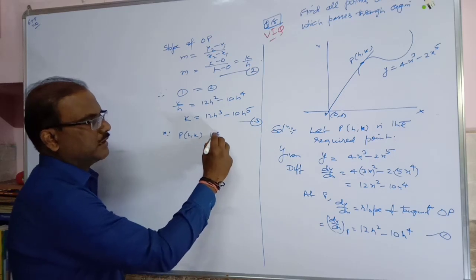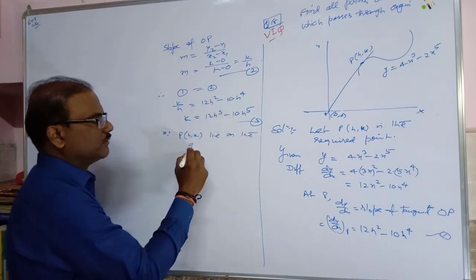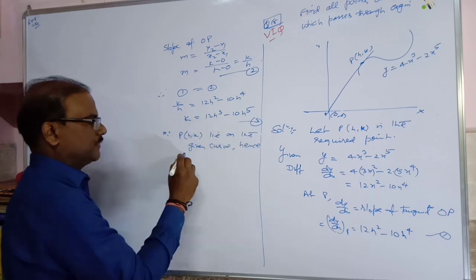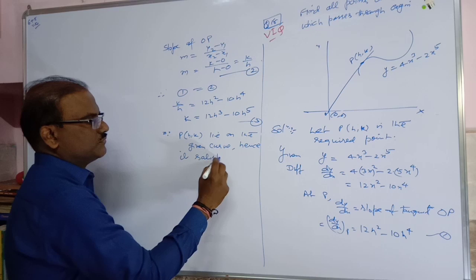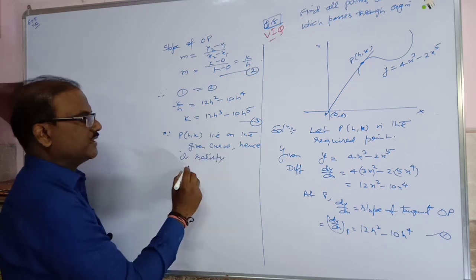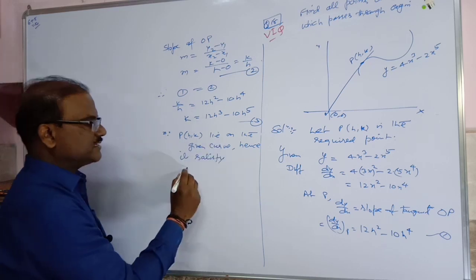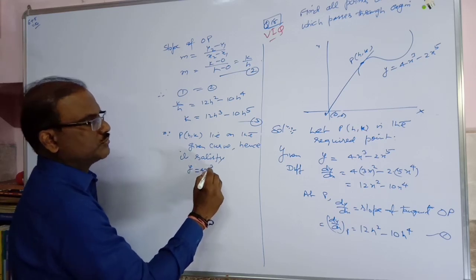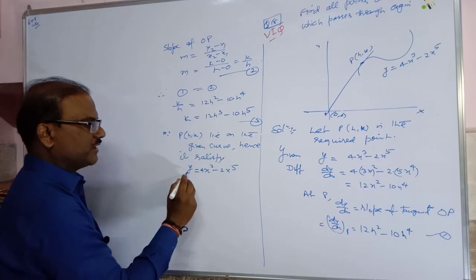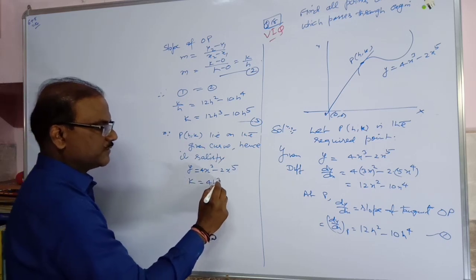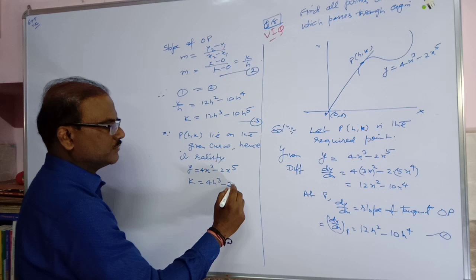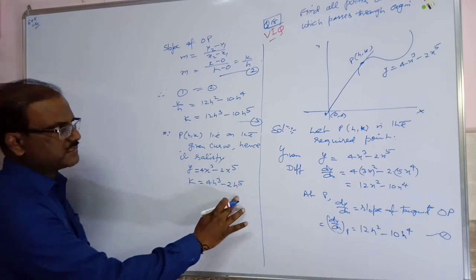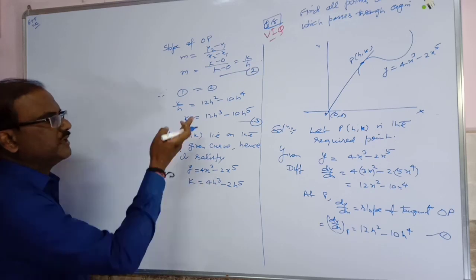P(h, k) lies on the given curve, hence it will satisfy, यानी h और k की वैल्यू रिप्लेस कर देंगे. ठीक है, y is equal to 4x cube minus 2x to the power 5. So keep here in this way minus 2h to the power 5. So k is this, so put this value here.